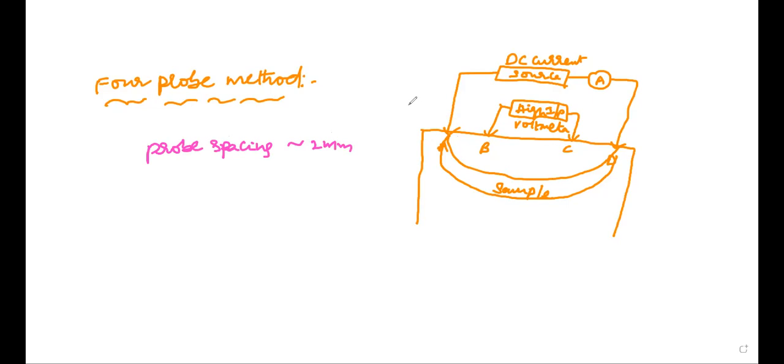Thus the unwanted voltage drop, V equal to IR, caused by contact resistance between these probes and the sample is eliminated from the potential measurements, since these contact resistances are very sensitive to pressure and surface conditions.